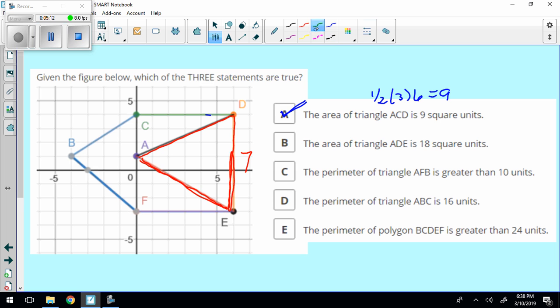And the height of this, we go from the vertex to the side, so that is 6. So its area would be 1/2 times 7 times 6, which is 21. So this statement is not true. So we found one of the false statements, and we can find the other one. The remaining two have to be true.